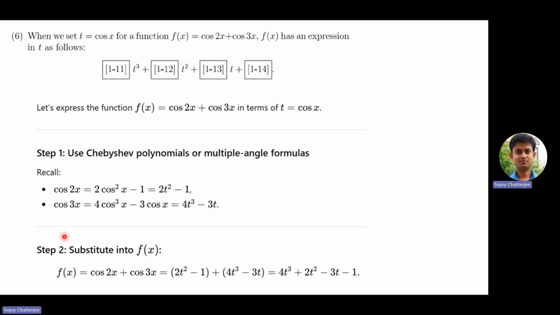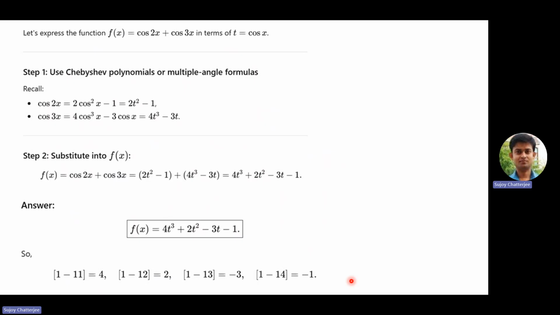So f(x) is equal to cos 2x plus cos 3x, which is 2t square minus 1 plus 4t cube minus 3t. So this is just expressing cos 2x and cos 3x in higher order polynomial so that we can arrive at the form of this expression. So f(x) is 4t cube plus 2t square minus 3t minus 1.